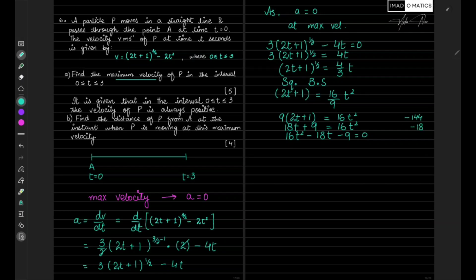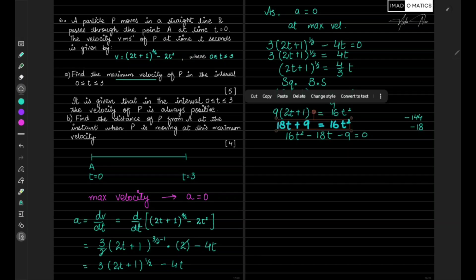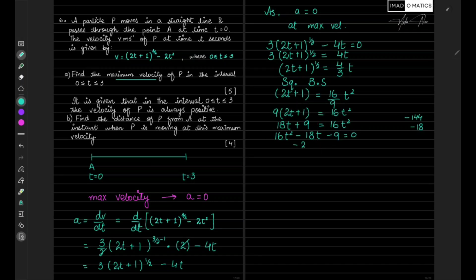The two numbers are minus 24 and plus 6. So it comes out to be 16t squared minus 24t plus 6t minus 9 equals 0.